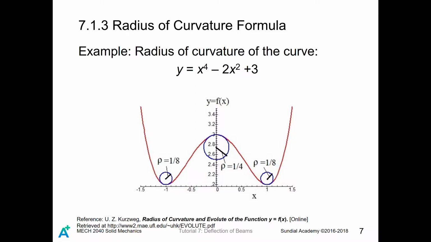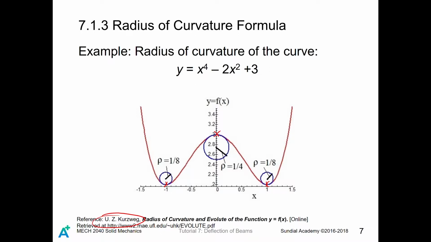Here is an example of radius of curvature. Say the curve y equals x to the power 4 minus 2x squared plus 3, and we are taking the radius of curvature at those points. This is already the result given by this author.